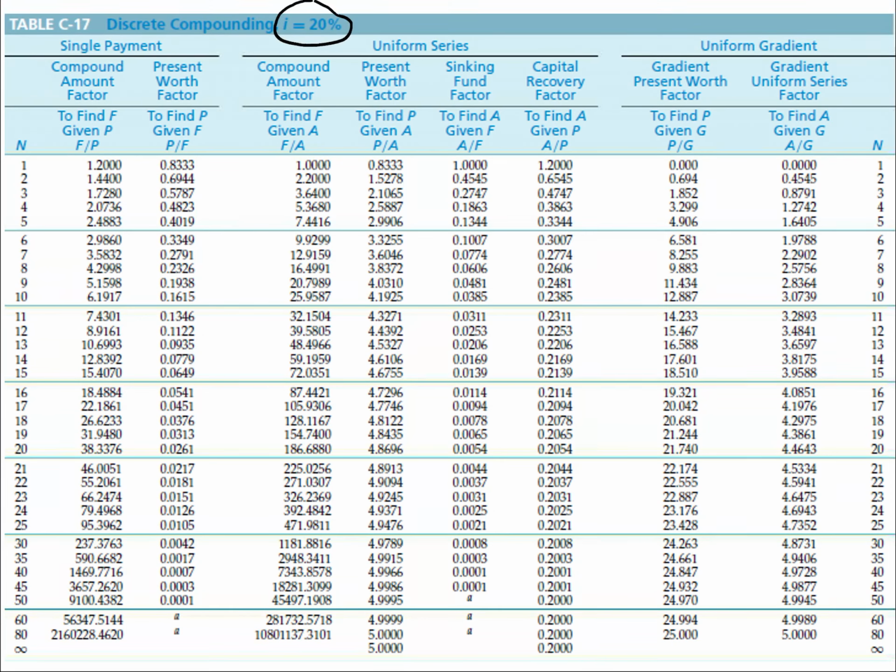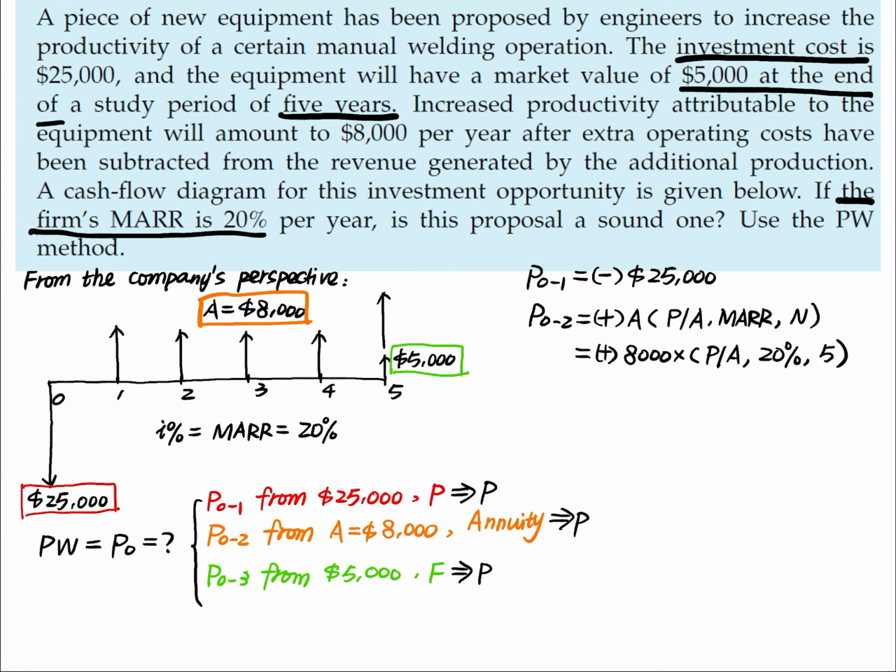Okay, so now you need to check the table of I equals 20%. You want to find P slash A. And the number of years is 5. So here is your factor.